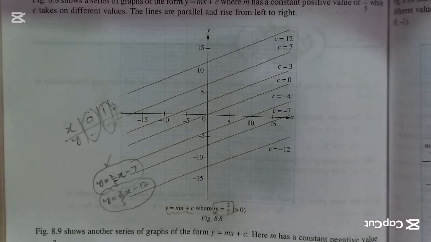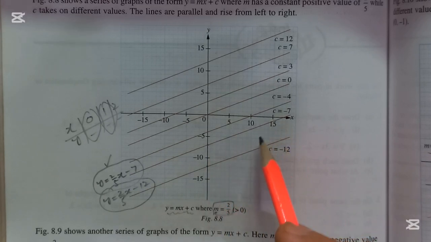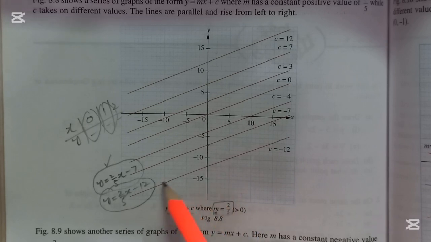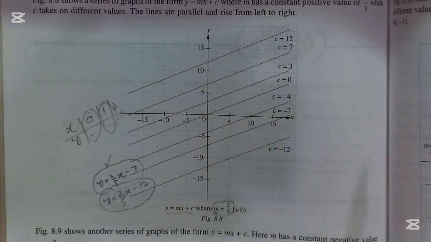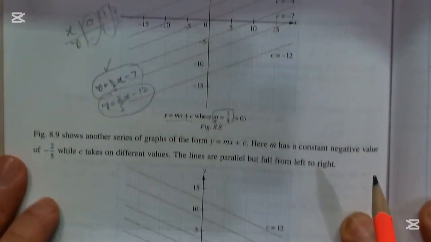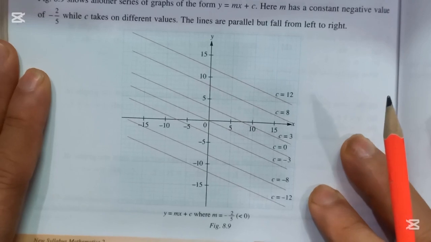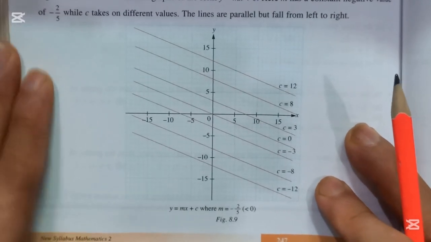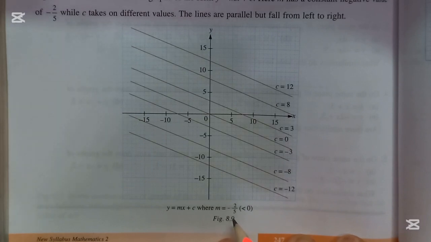The point to be noticed here is that if the gradient, that is m, is positive, then the graph will rise from left to right. And another point to be noted is, if the gradient is the same, the graphs will be parallel to each other. Okay, so you can see another type is here. So you can see now, in all these lines, the gradient is minus 2 by 5.